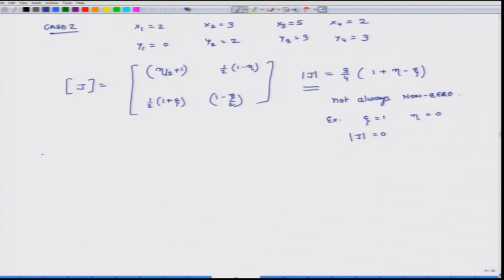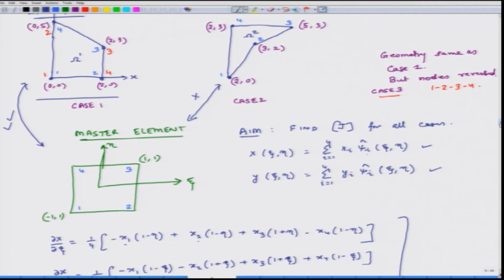And then the last case, case 3. Again you can put in these different values of x1, x2. Here the element was the same, but the numbering changed. Node number 2 changed, node number 3 remained the same, but node number 4 changed.